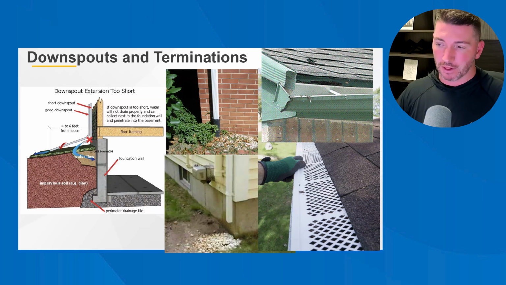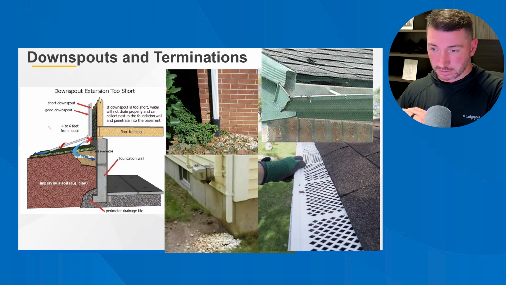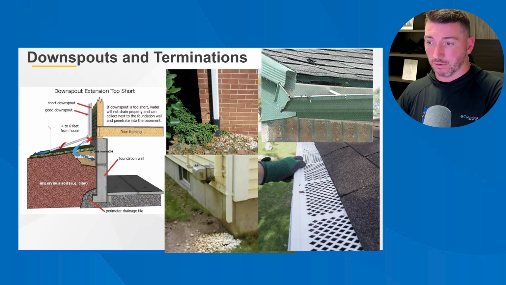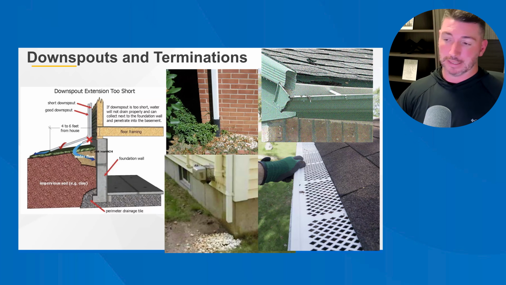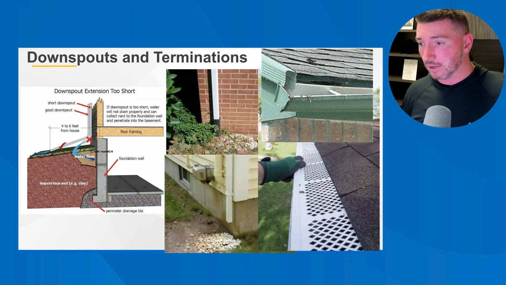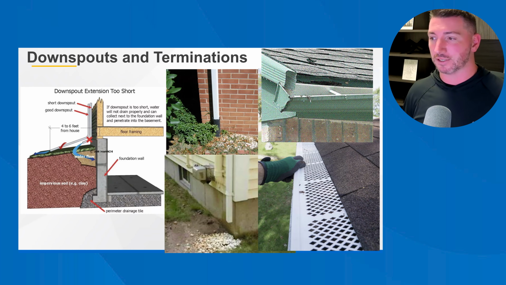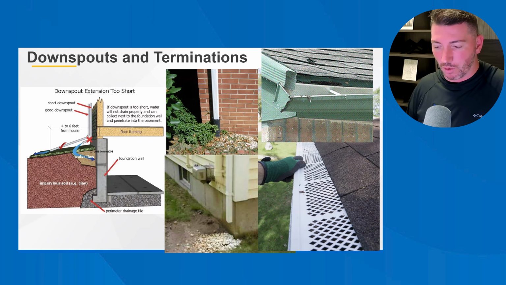So you're not following the grade of the land well enough to get the water actually away from the house. You're going to have disturbed soil near that foundation, and that water is going to flow into it. We can get into hydrostatic pressure and all those things, but water away from the house, please. That's all we need to know. Let's get the water away from the house.